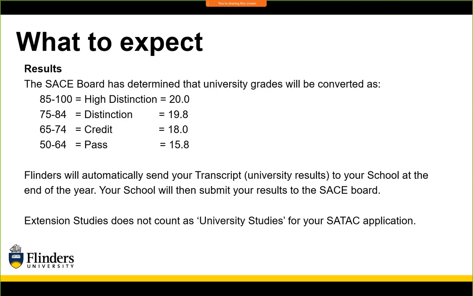People who have participated in extension studies are not excluded from that group, basically. So if you're doing extension studies, that does not discount you from applying for medicine. You are still perfectly eligible to apply for medicine. So you don't need to list that down as university studies in your SATAC application. So that's a really, really good option.